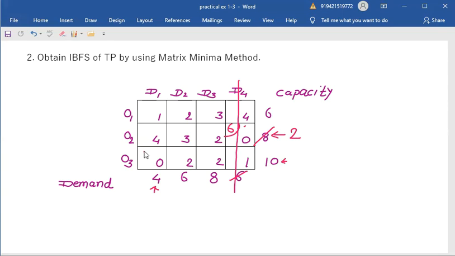We can transport 4 units from the third factory to the first destination. Out of 10, 4 units are transported, so 6 units are left at the third factory and the demand of the first warehouse is satisfied. So we delete the first column now because the requirement at D1 is satisfied.